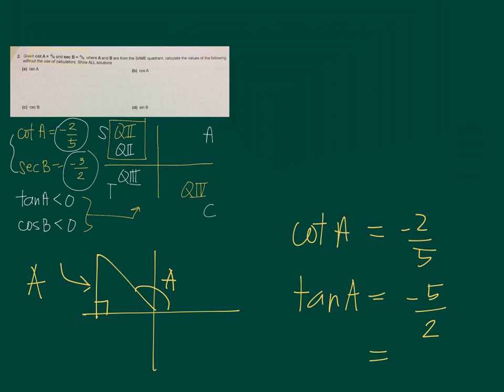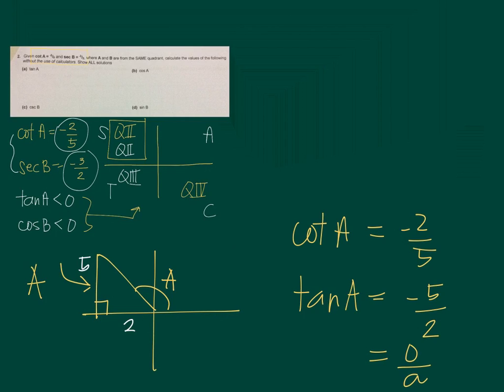And we learned that tangent is opposite over adjacent. So if we use the triangle here, this side can be the 5. Let's take the positive measure first. This is 5.